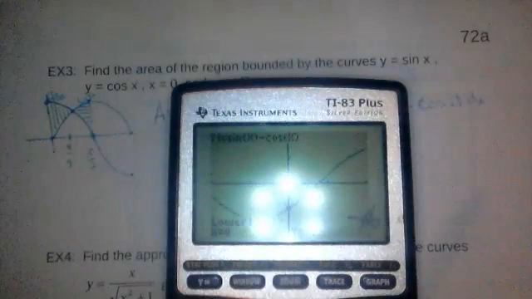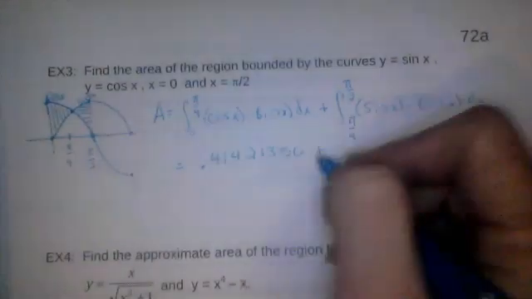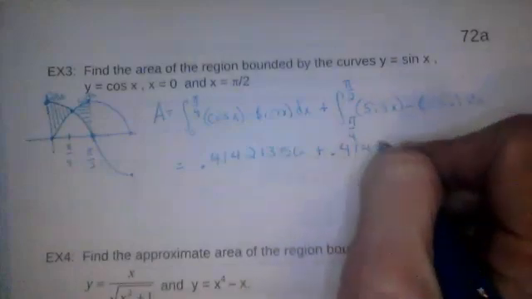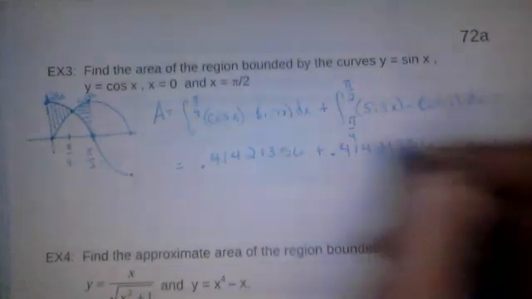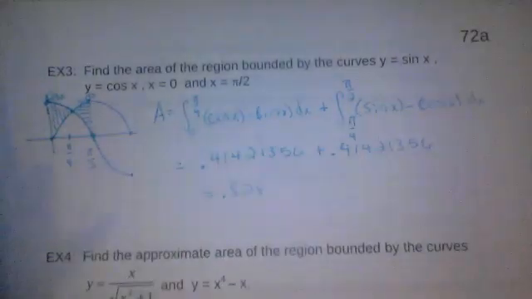From pi fourths to pi halves. All right, so again, same thing. So we get 0.828 to 3 decimal places.